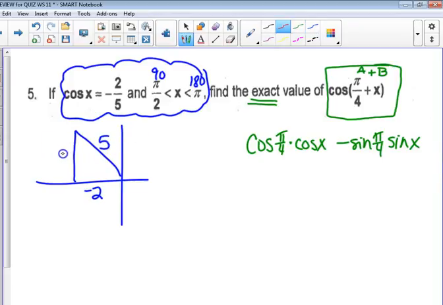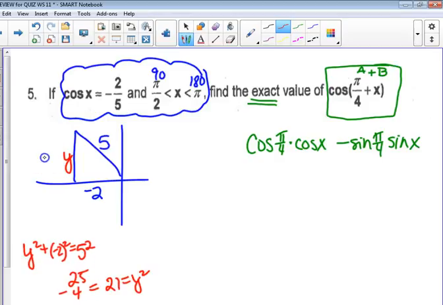Very carefully, how are we going to find that value? 25 minus 4 is 21. Square root of 21, is it positive or negative? Positive. Okay. You want to put values in now? Everybody all right? Square root of 21?